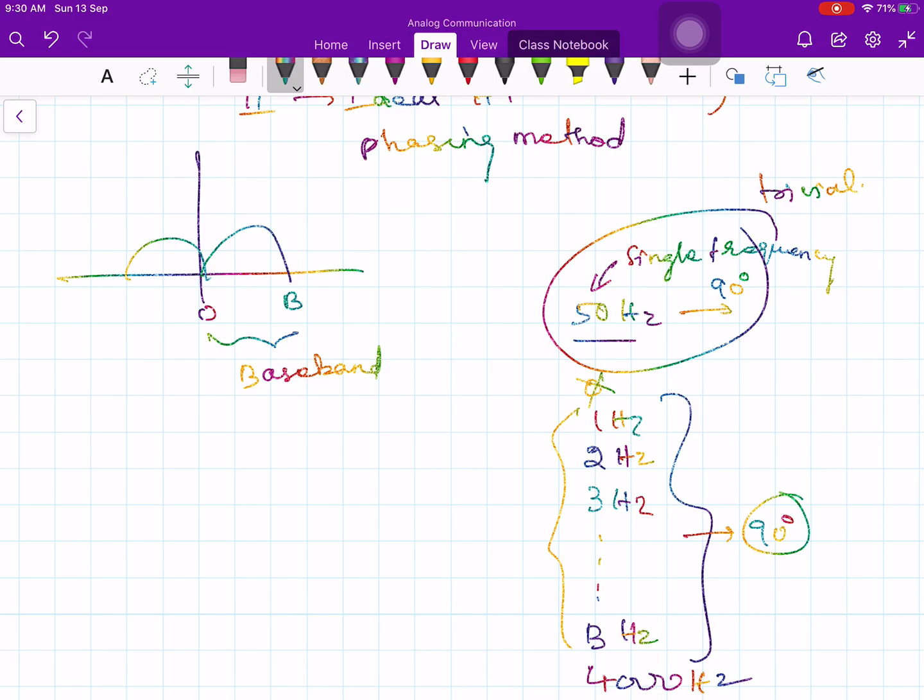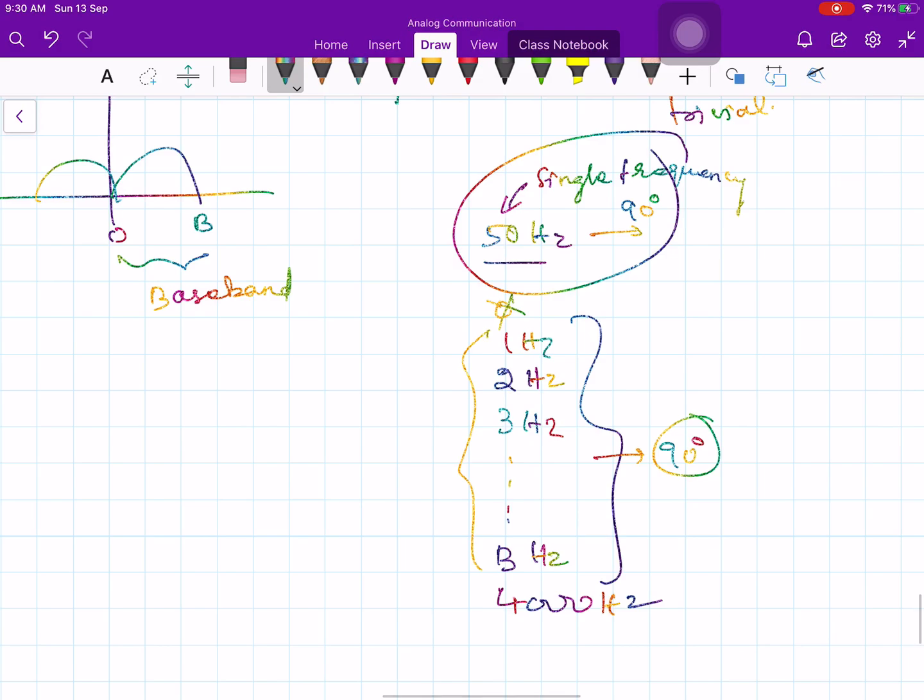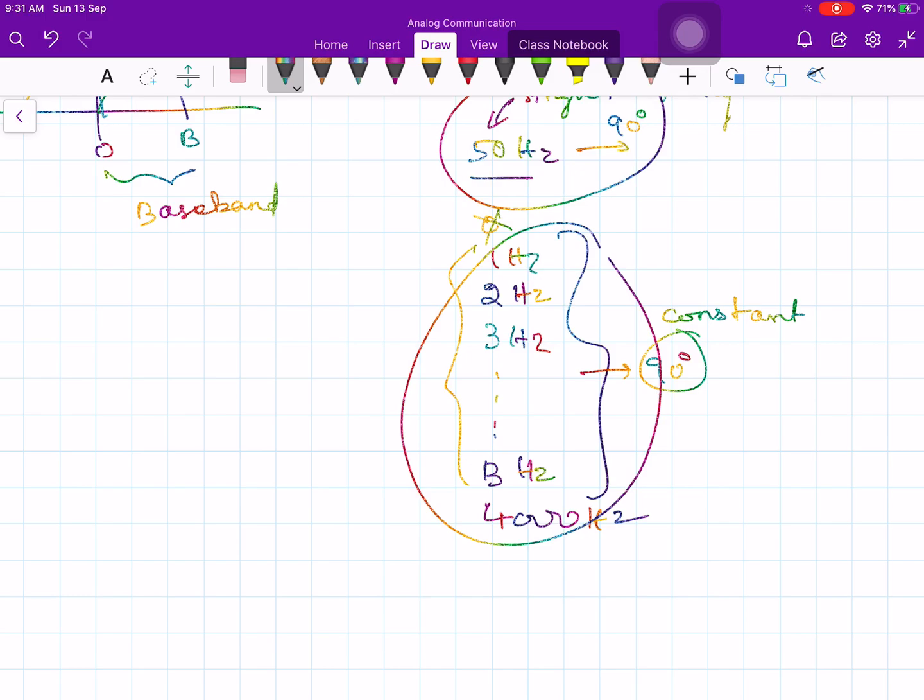It is not a simple thing to get a constant 90 degree phase shift over this entire band. So that's why this also has some pros and cons, and high Q tuned filters also have some pros and cons. In practice, both of them are used.